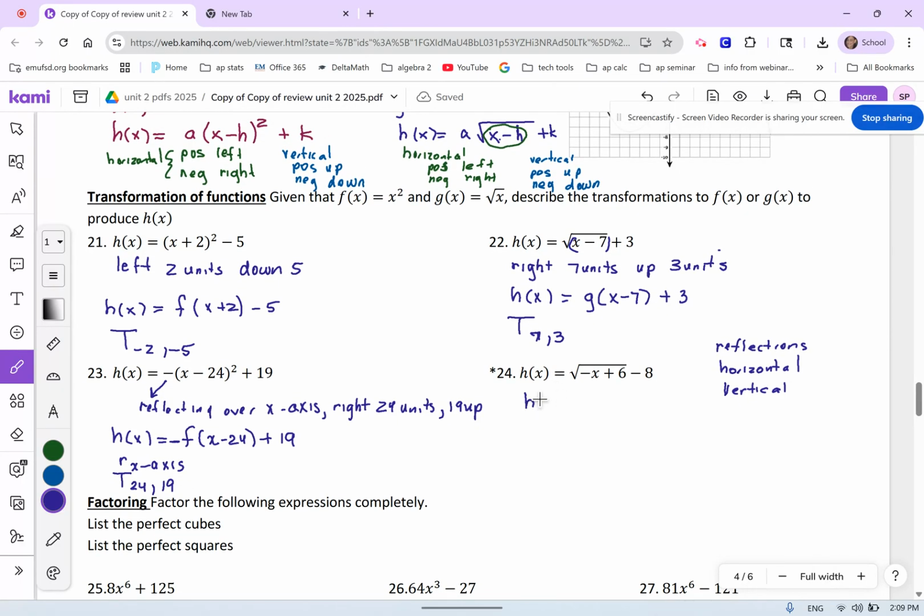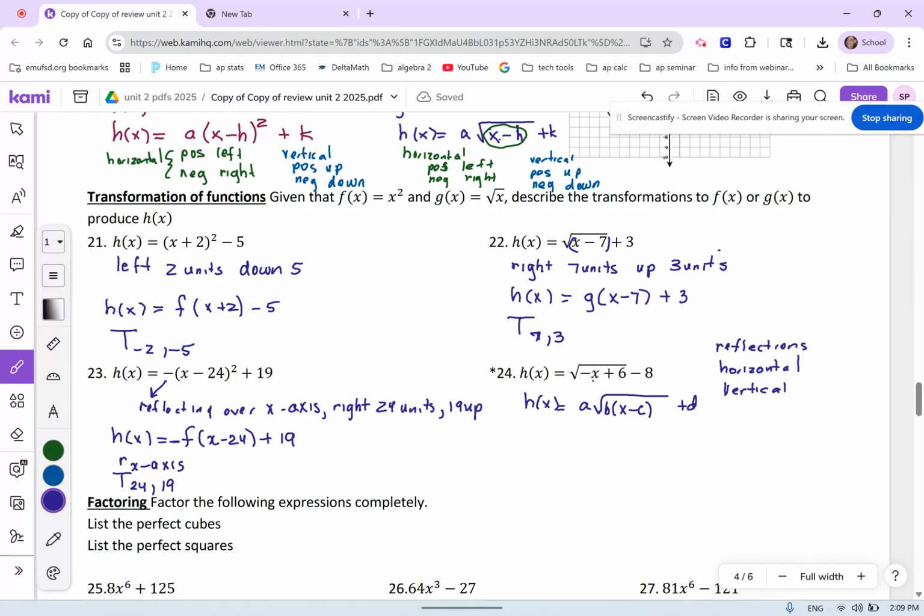Okay. But if you look at these functions, they have to be in a specific form. So if I'm looking at h of x, it has to be a square root, and there's something that could be on the outside, outside the parentheses, but it has to be in this format. So the x has to be by itself. And you see how the x is negative here?